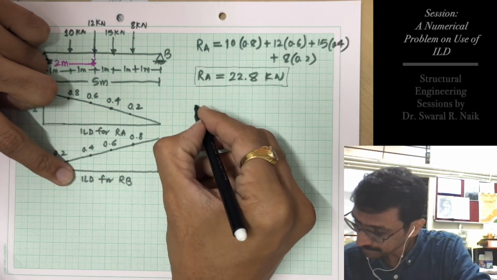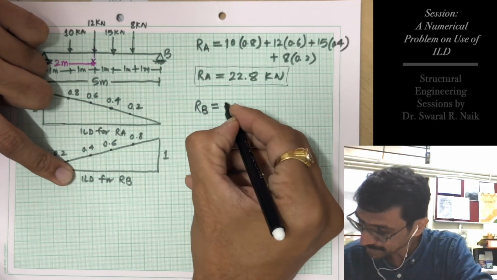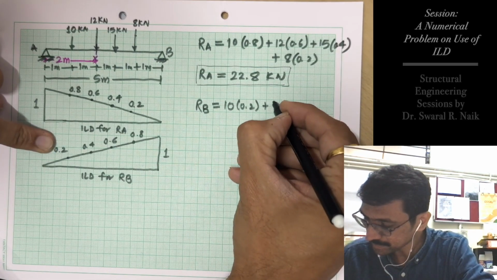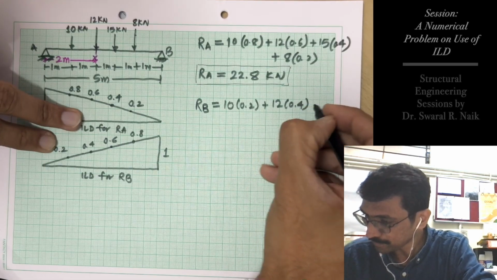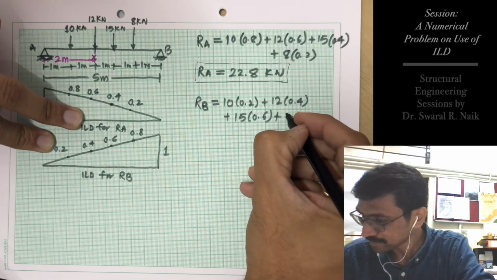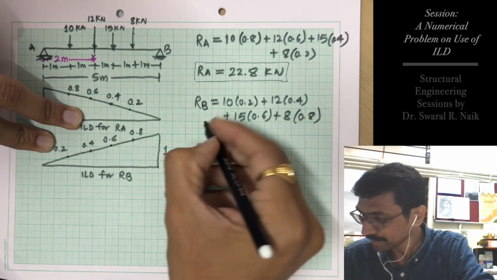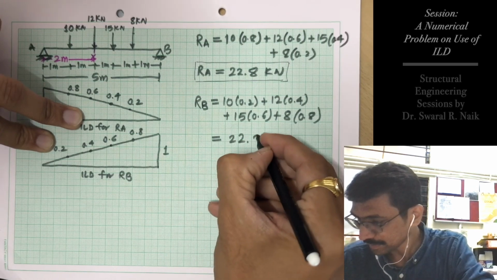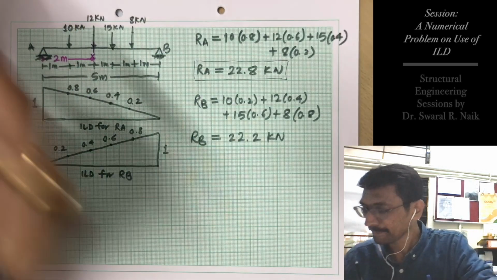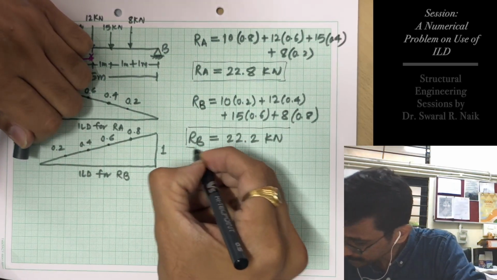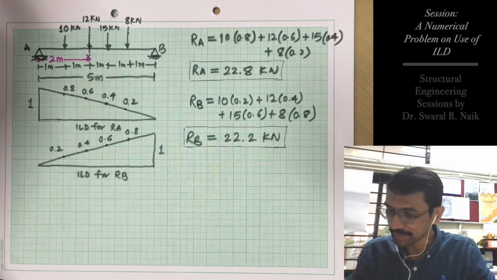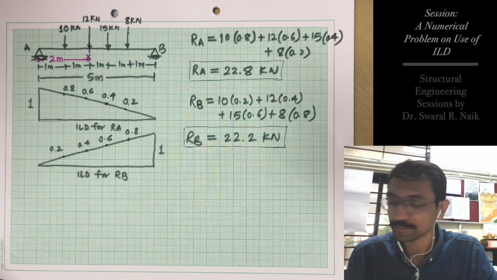Similarly, RB is 10 into 0.2 plus 12 into 0.4 plus 15 into 0.6 plus 8 into 0.8 equals 22.2 kilonewton. We can easily calculate RA and RB using ILD concepts when the load position is known.